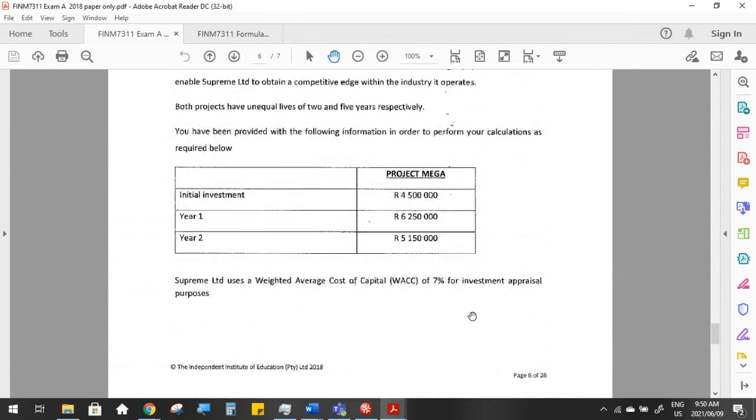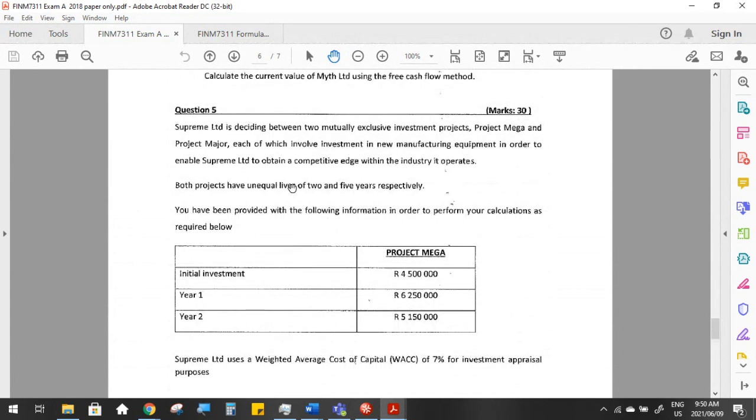So the reinvestment approach says that I must take Project Mega and decide on what the lowest common denominator is between the useful lives of Mega and Major, such that they are both of equal useful lives, and then I can calculate the net present value. So Major has 5 years, and Mega is 2 years.